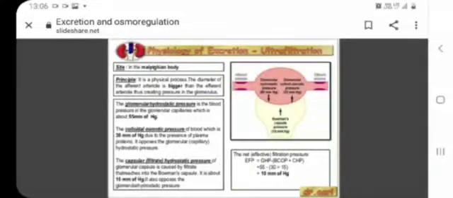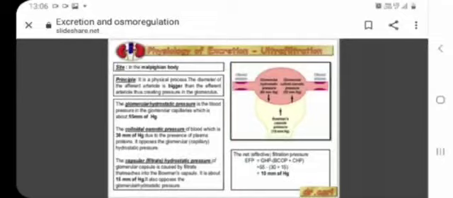Physiology of excretion or the ultrafiltration. This occurs in the Malpighian body or the Bowman's capsule and the glomerulus.